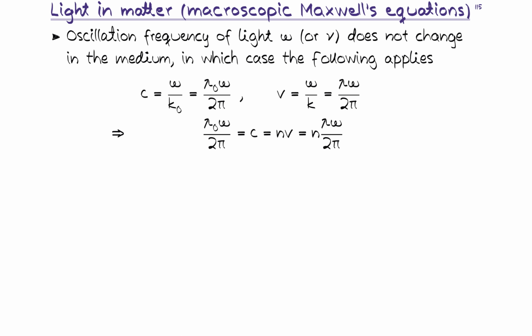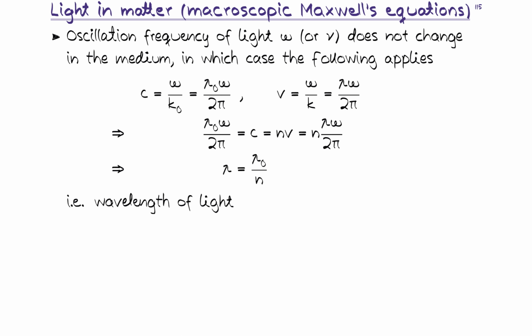So the speed of light inside the medium is lambda omega divided by 2 pi. And from here, we can solve this equation with respect to the wavelength inside the medium, lambda, and we know that this is actually being modified. So the wavelength inside the medium lambda is the wavelength inside vacuum divided by the refractive index.